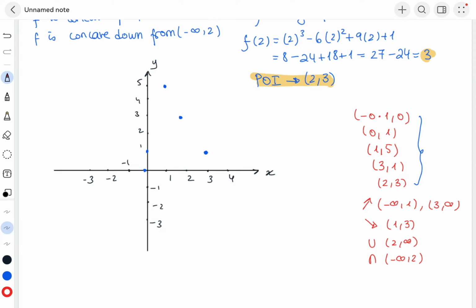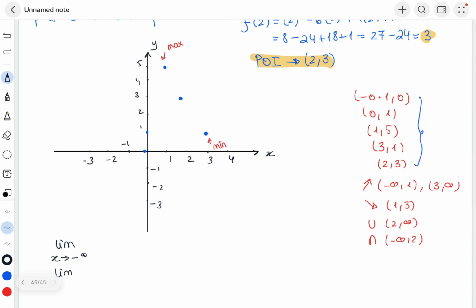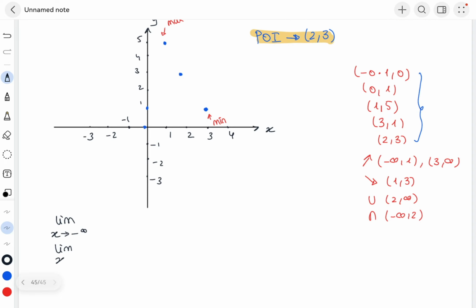Now we'll need to keep in mind that here is our maximum, and here is our minimum. So we cannot have any numbers lower than it and any numbers higher than it in the local sense. In the global sense, we'll need to find the limit as x tends to negative infinity and the limit as x tends to infinity.